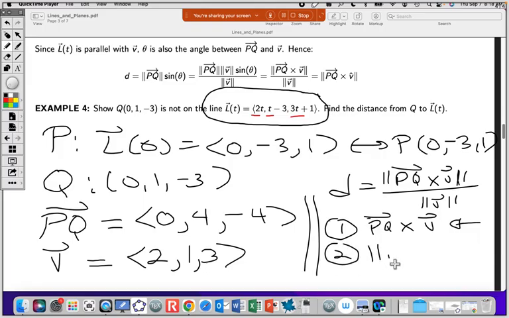And then you calculate the magnitude of that, like we talked about last week. And then you'd have to get the magnitude of V. And then you would just divide this answer by that answer. Okay?